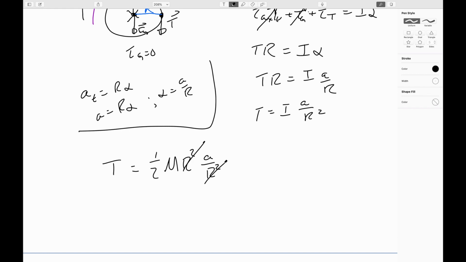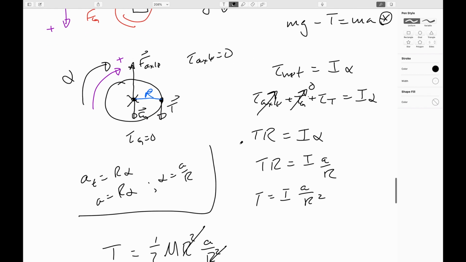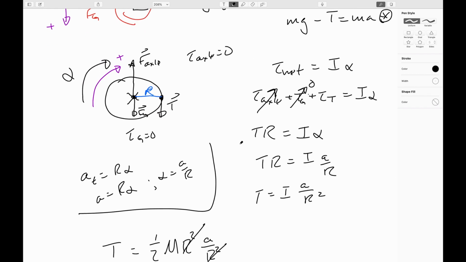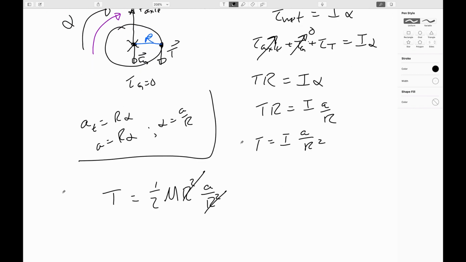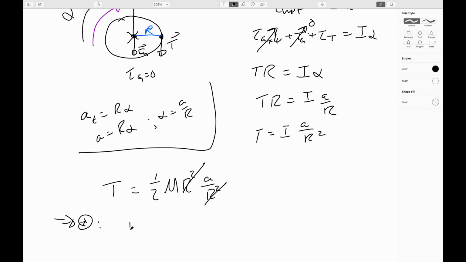But now, importantly, we can take that result and plug it back into star up above. So plugging that into star, we had little mg minus the tension, which we've now worked out as 1/2 big MA, equaled little ma.